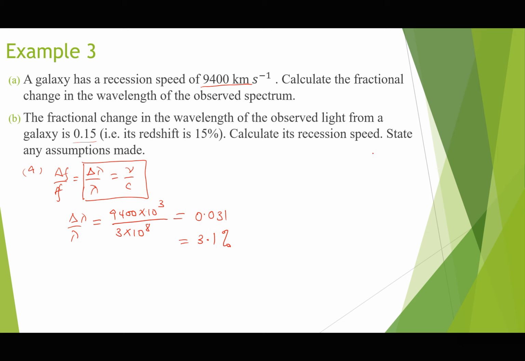So let's just calculate the rotational speed here for part B. We have that the fractional change in wavelength is equal to v over c, and they've given us the fractional change as 0.15, which should be equal to v divided by c, which is 3 times 10 to the power of 8.